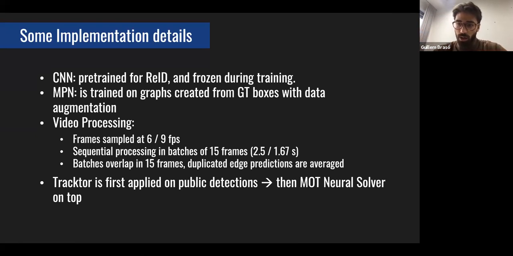Tractor is really good at these low-level motions, but graphs are much better at capturing long-range trajectories. So we get the best of both worlds by using Tractor for the high frame rate and the graph on the lower frame rate.